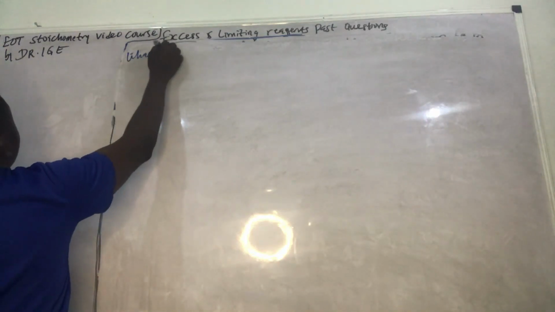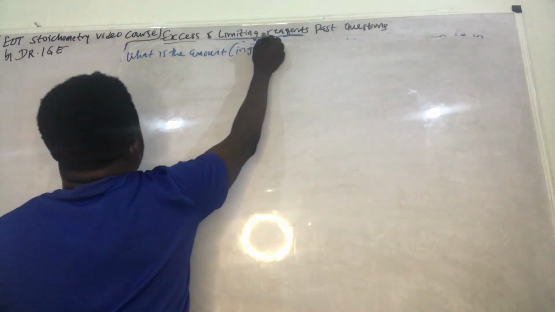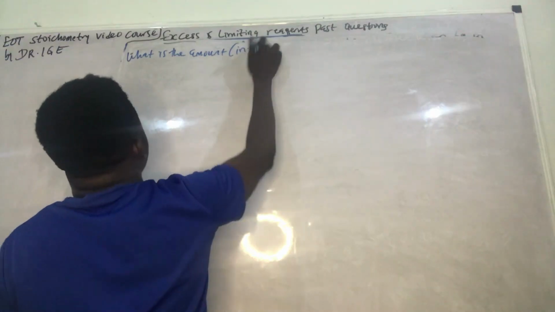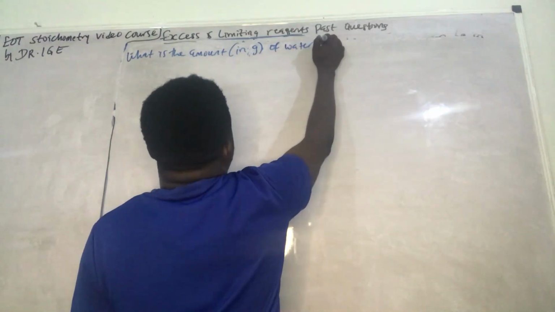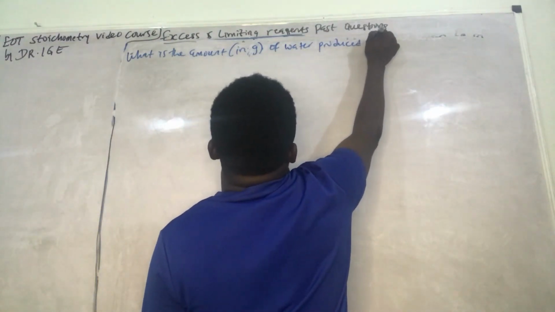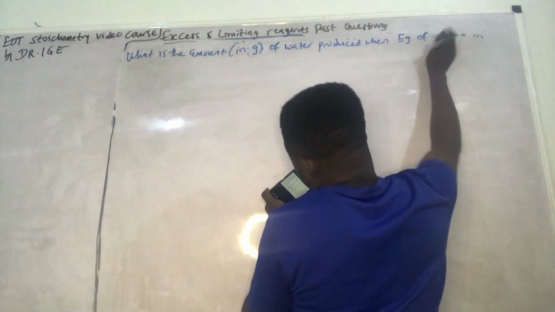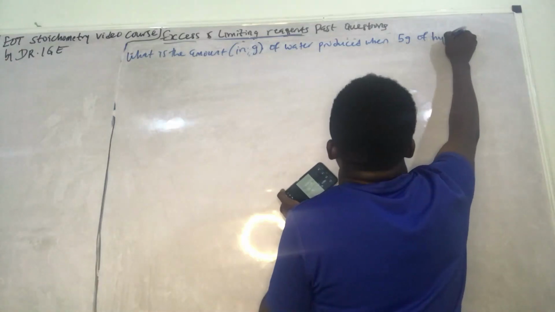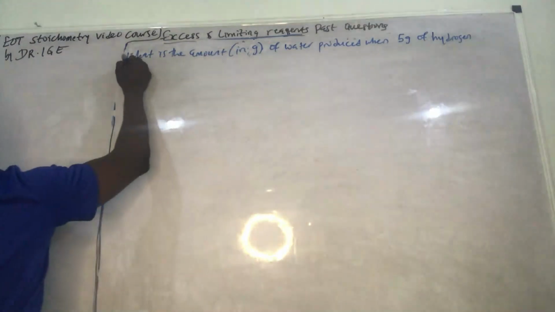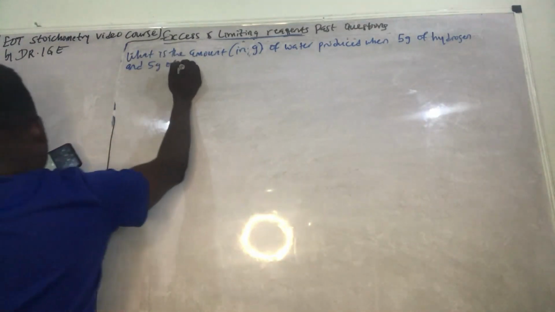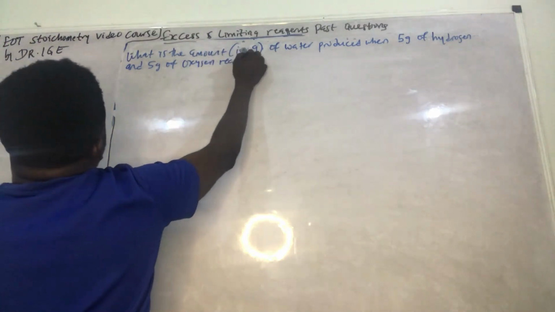Okay, the next question says: what is the amount, in gram as in g, of water produced when 5 grams of hydrogen and 5 grams of oxygen react together.